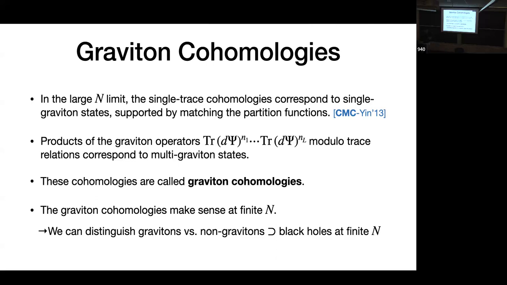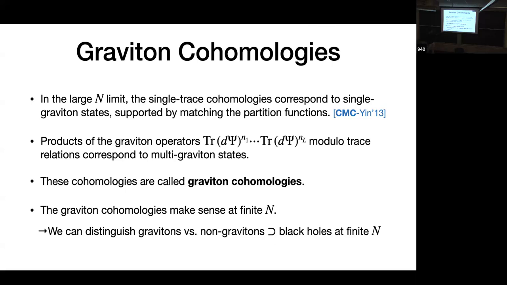There could be some relations among these representatives, but if we go from infinite N to finite N, there can be relations, but there won't be any new cohomology classes.